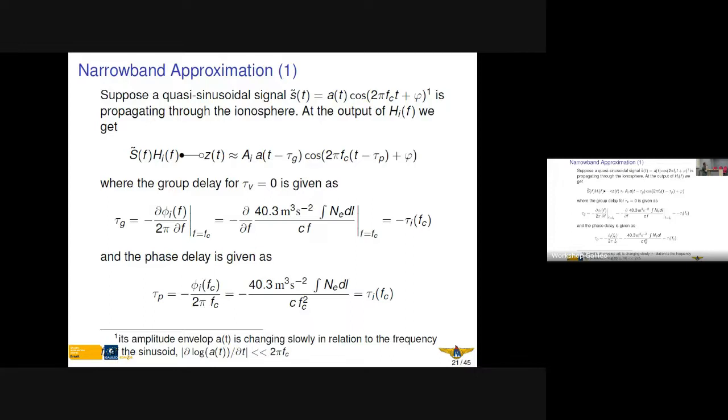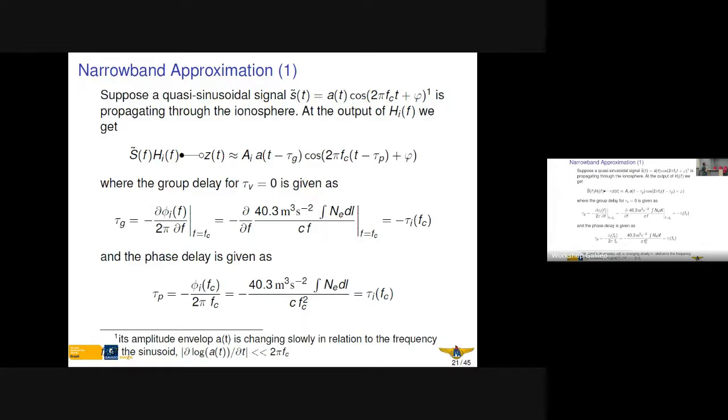If we apply the inverse Fourier transform, we get z of t, and because of our assumption of a quasi-sinusoidal signal, we can approximate the output as AI, coming from the transfer function of the ionosphere, A of t minus tau g, times cosine of 2 pi fc t minus tau p plus phi, where the group delay is given as follows.